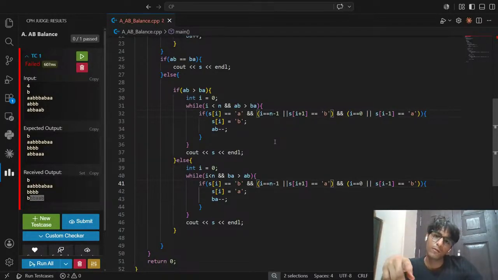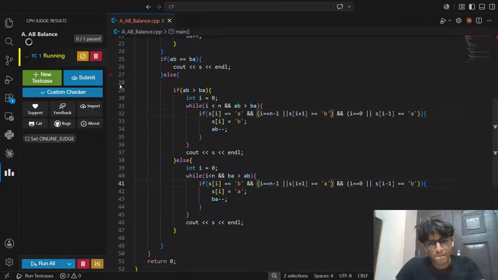I actually was thinking of doing just n minus 1 in the above case, but that won't work because I also want to see if I can change the last character. Now it should work.